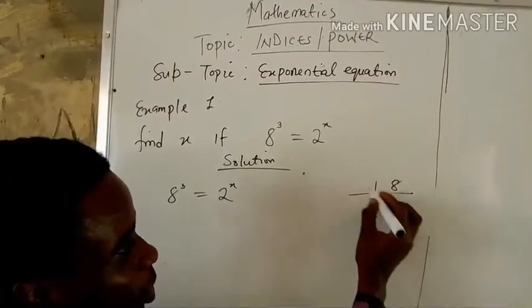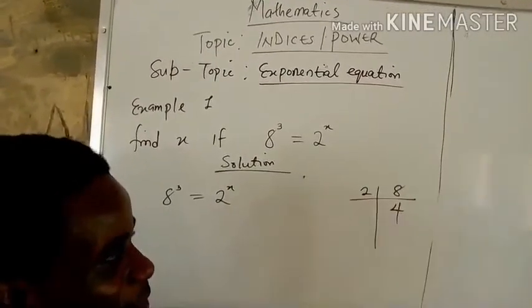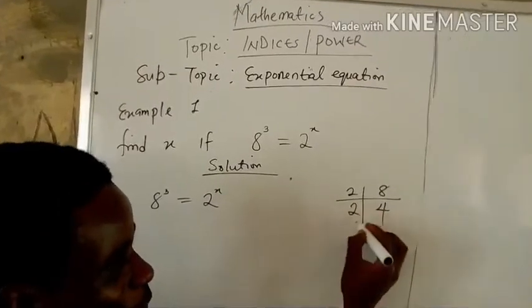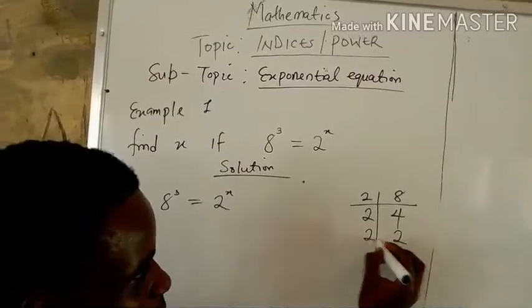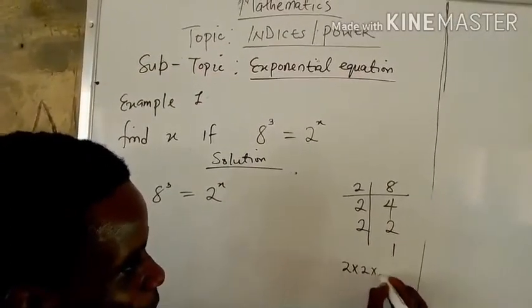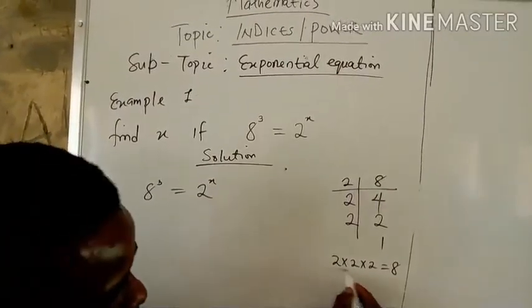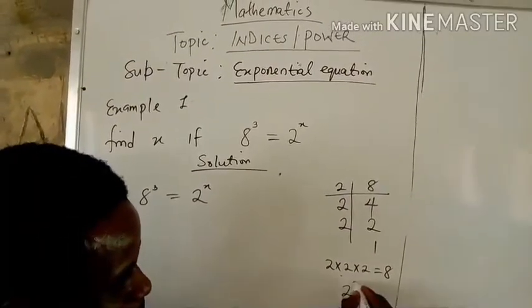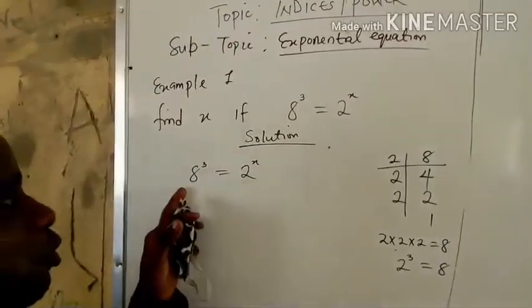This is 8. So say 2, how many 2 can you get in 8? Is 4, right? You still use 2 again. 2, how many 2 can you get in 4? 2, you still use 2 again. So how many 2 here? 1. So 2 times 2 times 2 equals what? 8. So you represent this in index form: 2 raised to the power of 3 equals 8.